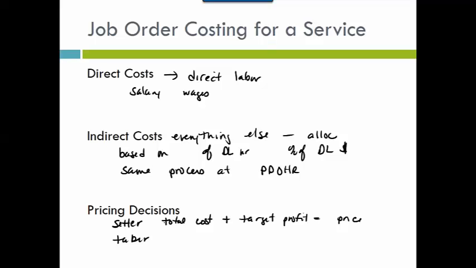If, however, your product is very similar to other people's, people aren't willing to pay more for yours, then you work at the opposite. You kind of have to take whatever the market price is because people aren't willing to pay more for yours. So you say, all right, here's how much I can charge. Then you subtract off your target profit, and this is your target cost.